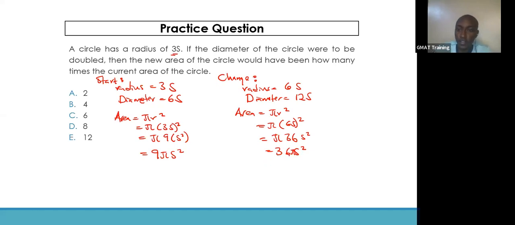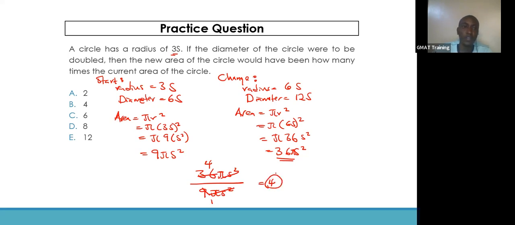The new area, which is 36 pi s squared, of the circle will be how many times the current area of the circle? 36 pi s squared all over 9 pi s squared. This cancels out, a factor of 9, that's 1, a factor of 9, that's 4.